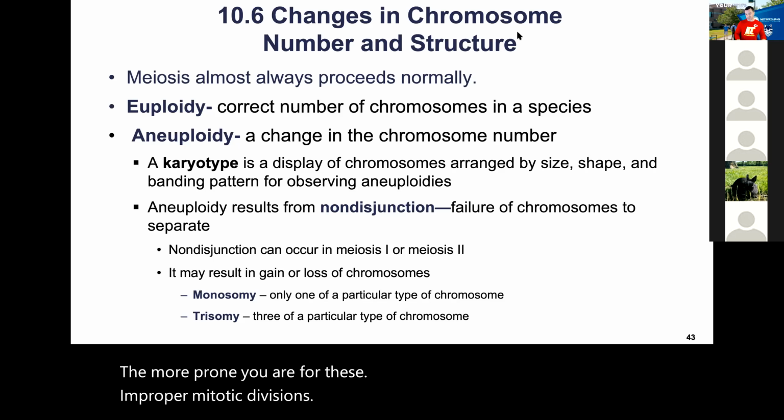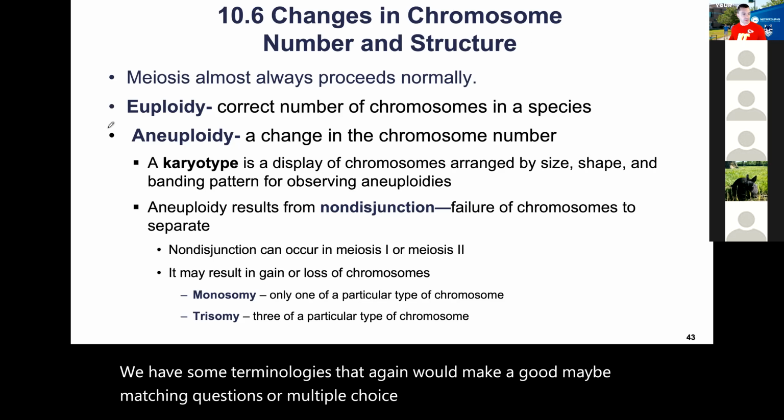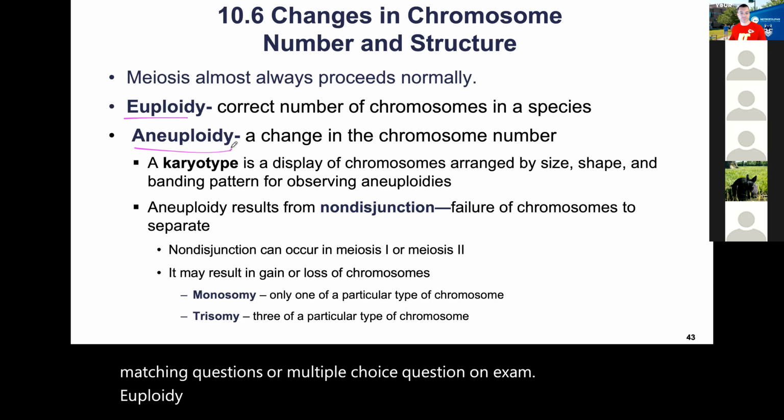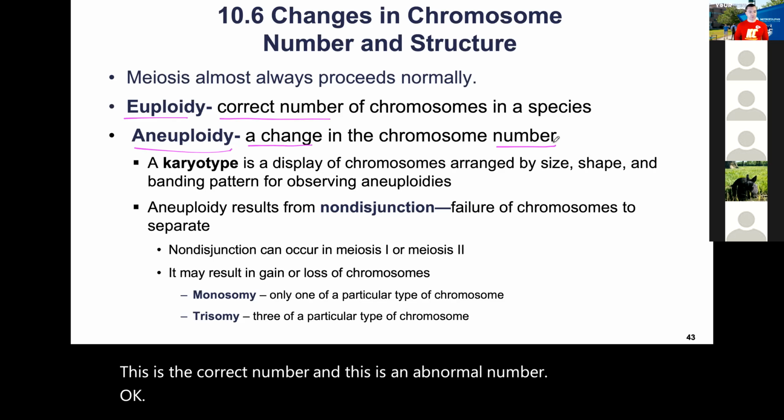We have some terminologies that, again, would make a good maybe matching question or multiple choice question on an exam. Euploidy and aneuploidy. This is the correct number, and this is an abnormal number. Euploidy is normal number of chromosomes.